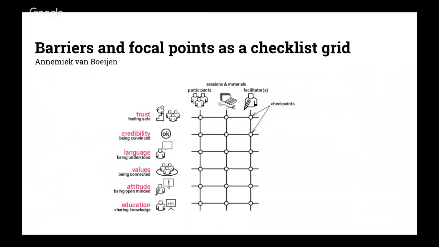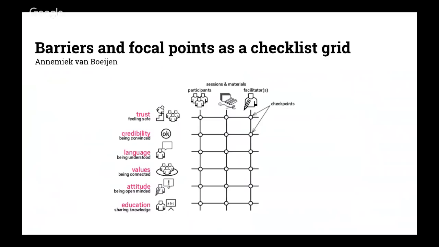I also found some research from an assistant professor from TU Delft, Annemiek van Boeijen. She did her PhD on cultural differences, and she developed a framework on what we can do to check when we do creative sessions in different cultural contexts.